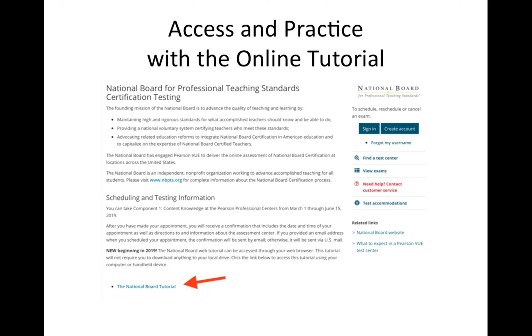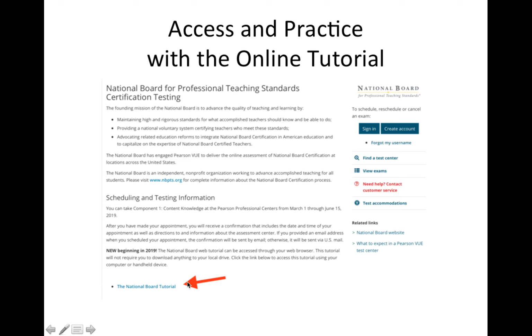Also, if you're ADD, ADHD, dyslexia, severe anxiety, you've got to be prior diagnosed. But those are things that you want accommodations for. Also, if English is not your first language, you automatically qualify for testing accommodations. So make sure you do that.